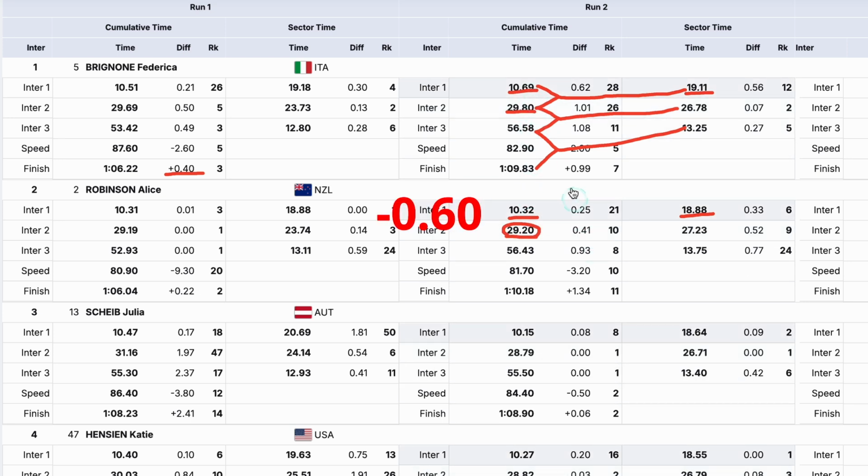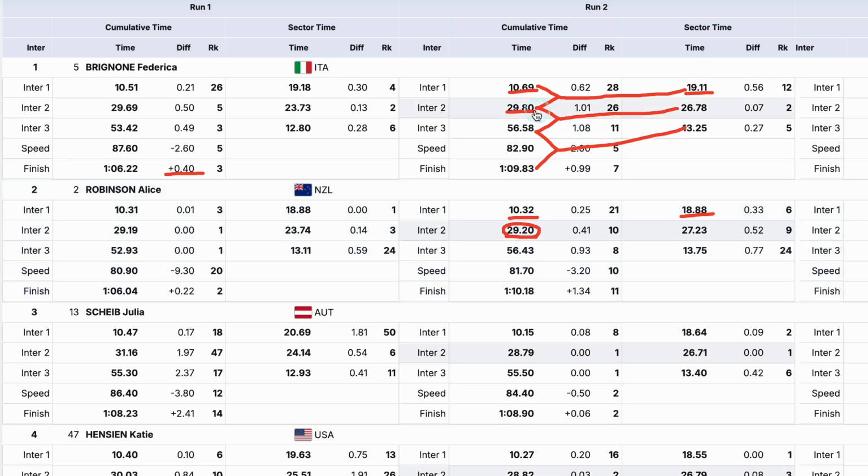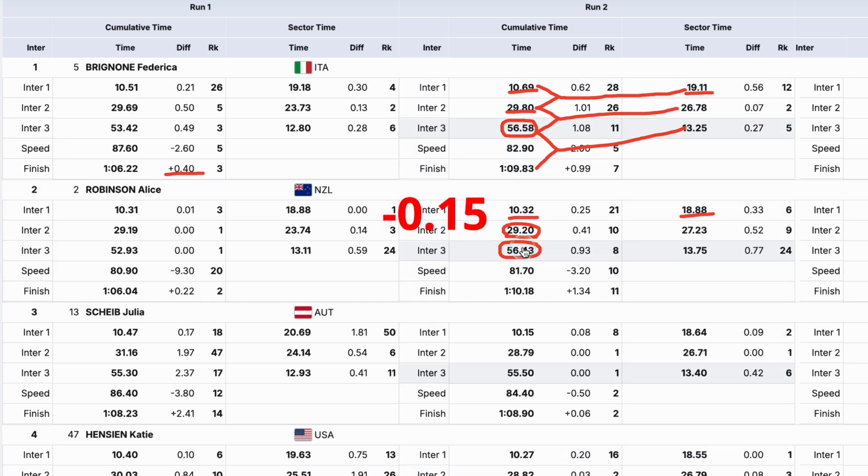But this is where it gets quite interesting, because between this interval here and interval 3 is kind of where I see that the move started happening. Let's have a look at these two numbers. All of that distance is practically lost. You've got like 0.15 or whatever difference now between interval 2 to interval 3.